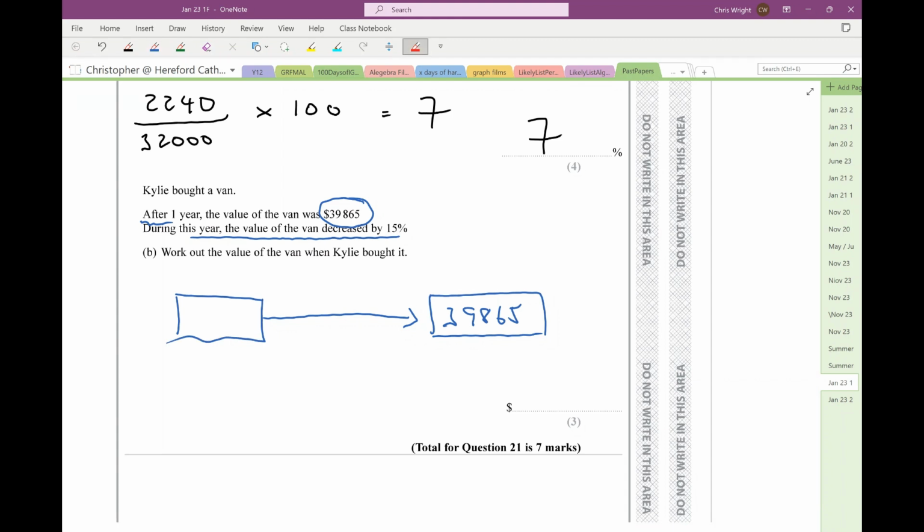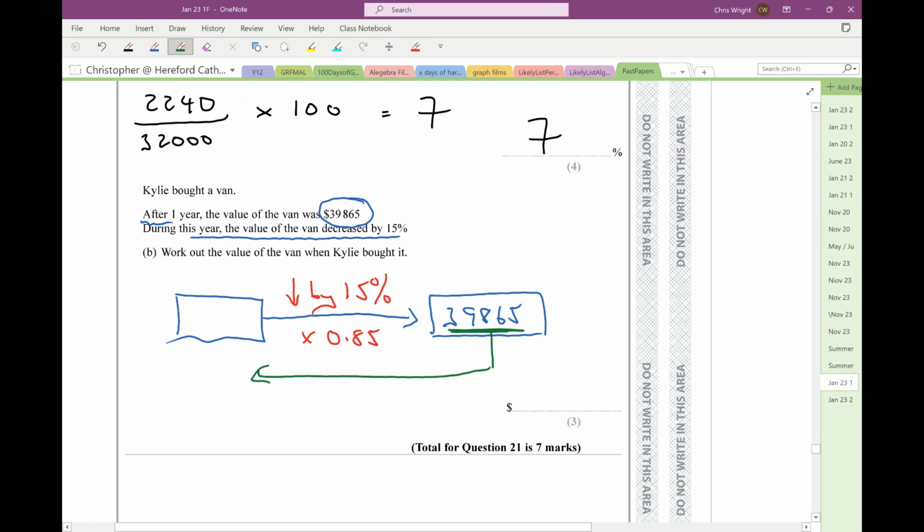And we know that if we went forwards, we'd decrease by 15%. So if we were going forwards, we'd multiply by 0.85. So if we're going backwards, we're going to start with the 39865 and divide by 0.85.